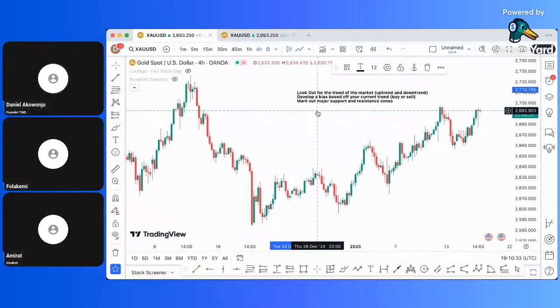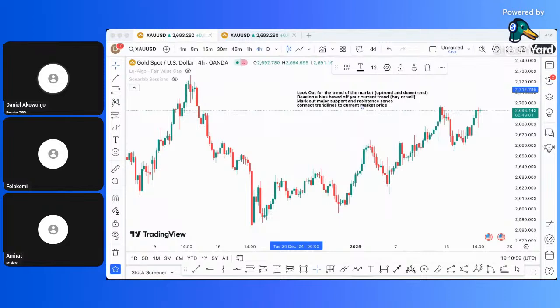Once you've marked that out, connect trend lines to current market price. I hope this is making sense.